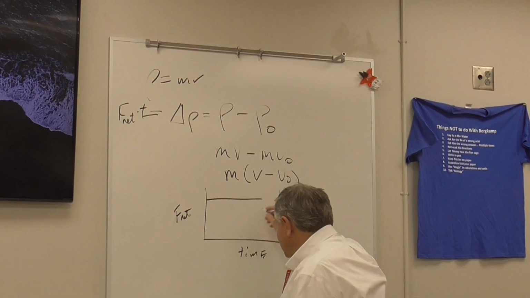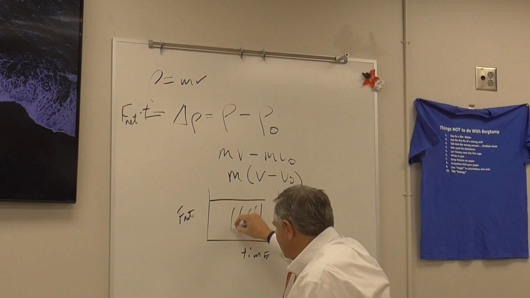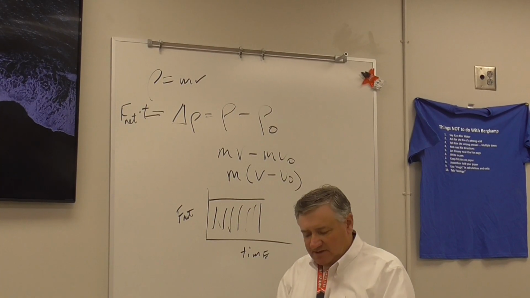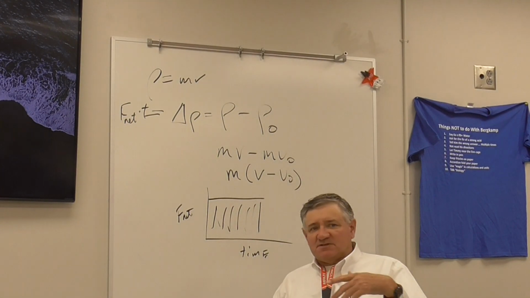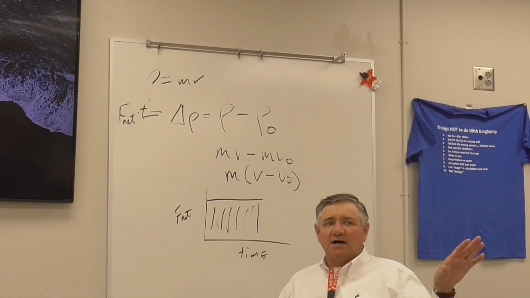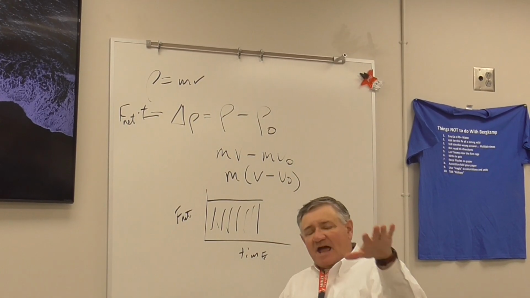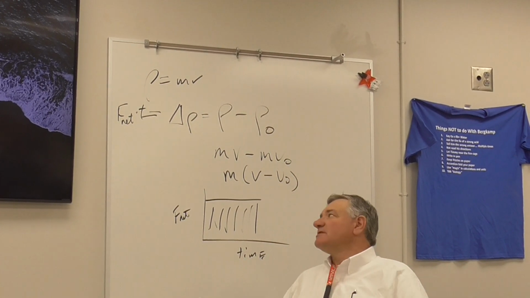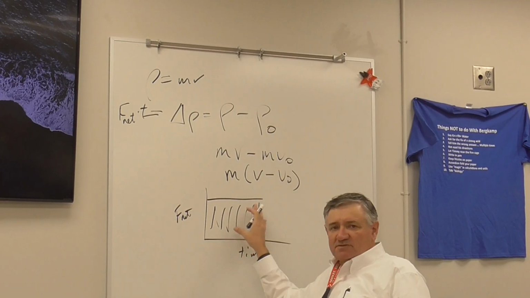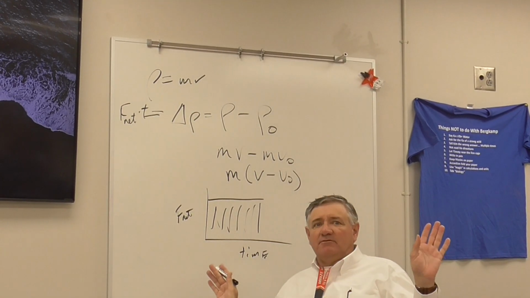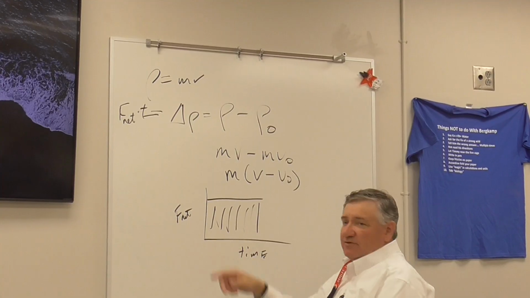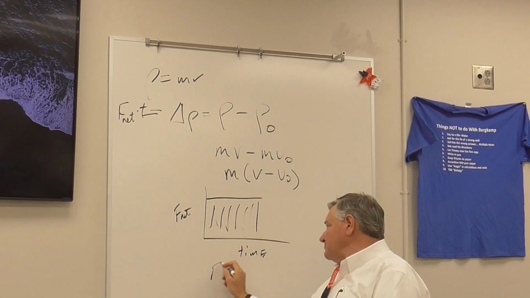One would be a horizontal line, and in that situation, you're assuming that the same amount of force is being applied over the entire time interval. So if it says average force, or this is the force, that graph is just a horizontal line, a rectangle.